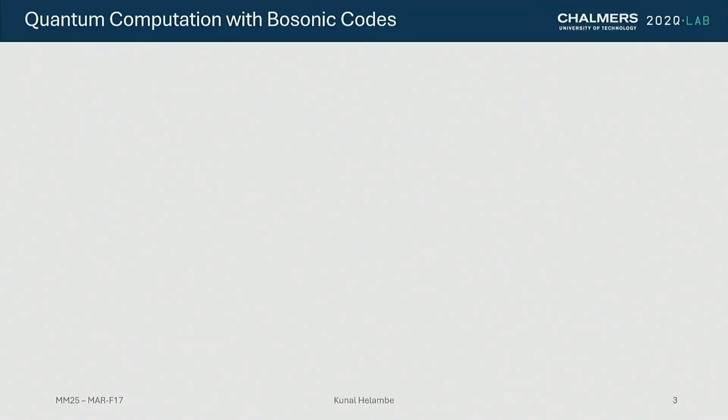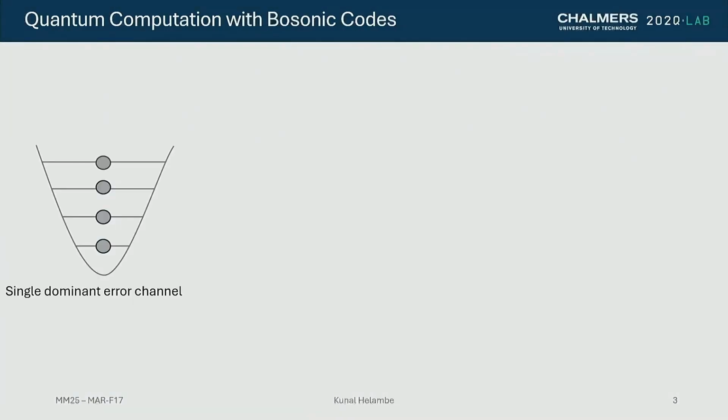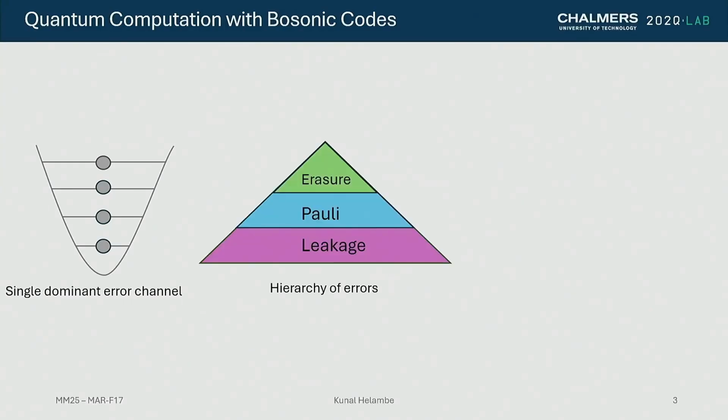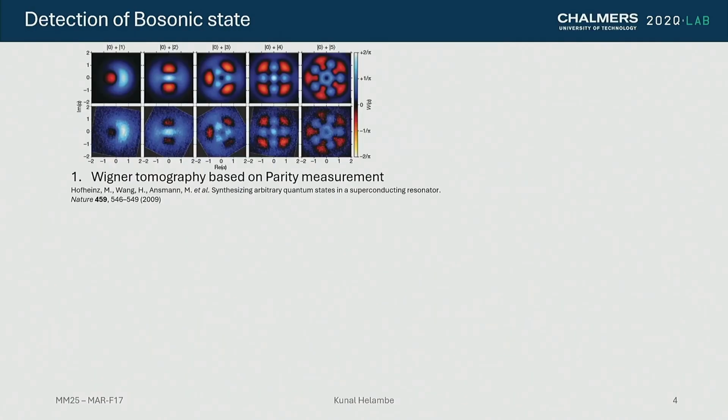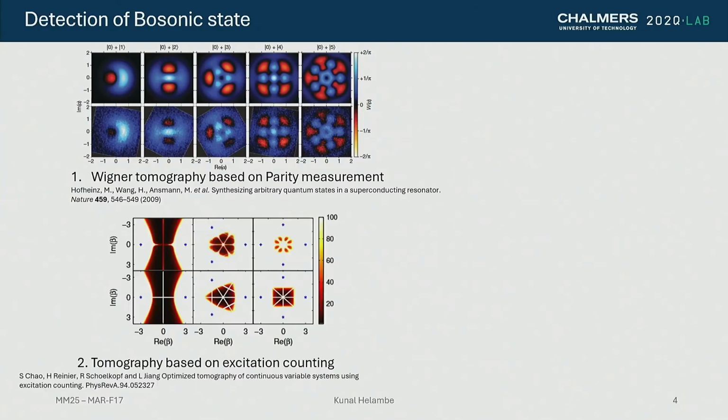So, why use bosonic codes? I think this session needs no introduction for why bosonic codes, because they offer you encoding in a large Hilbert space with a single dominant error channel, with a clear hierarchy of errors, and also realizing hardware efficient error correction. To detect a bosonic state, there are a few methods, namely Wigner tomography, which is based on parity measurement.